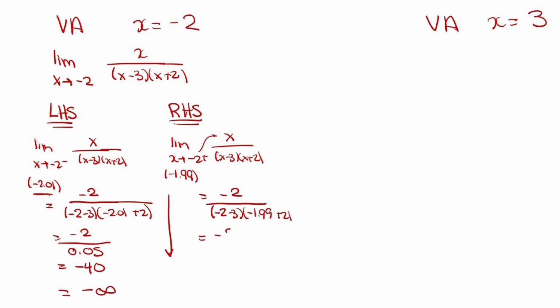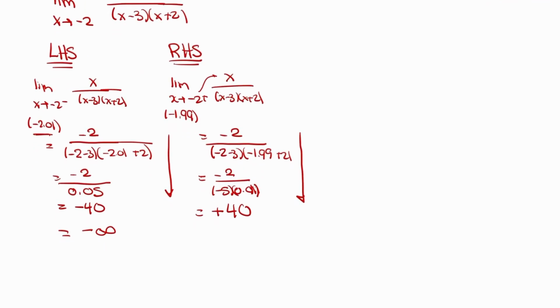That gives me -2 over -5 times 0.01. So that gives me +40. I think we can see if we continued to take this number closer and closer to -2 from the right-hand side, we are going to get +infinity. That's where we're approaching.